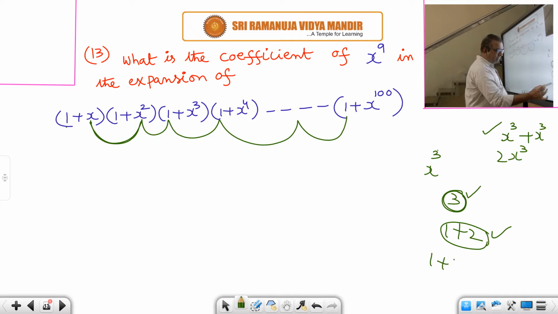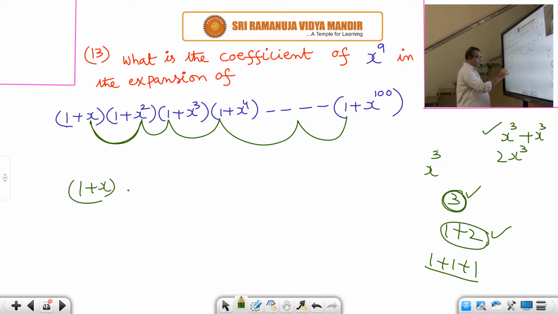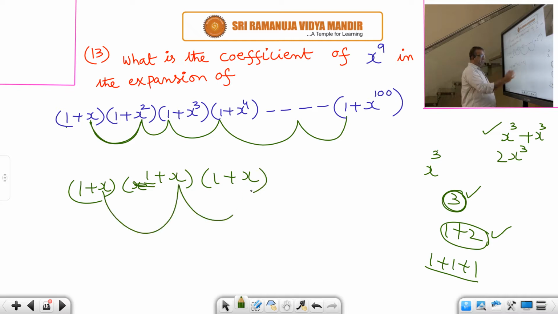Suppose you want to write it as 1 plus 1 plus 1. That is not possible here, because it would mean taking x from 1 plus x three times, but 1 plus x appears only one time.